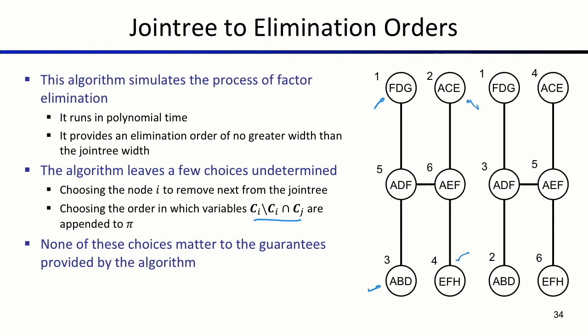So just this final one here had the three variables that could come out in different orders. But sometimes we eliminate a node like this one, where we have three variables here, and the separator has just one variable. So we have two variables, and we need to decide what's going to be the order between these two variables. It doesn't matter. None of those choices matter to the guarantees provided by the algorithm.